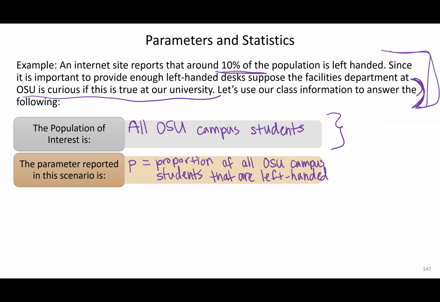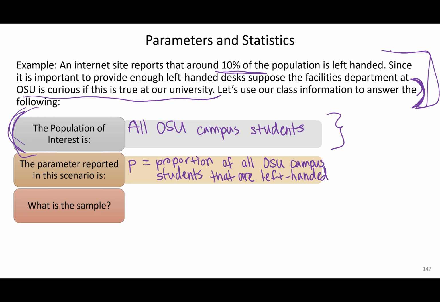There might be something systematically different about this group, different from just widely representing all OSU students. A lot of times the population of interest that people have in mind differs from the population that people actually sample from, and that is very problematic, and it happens very frequently.